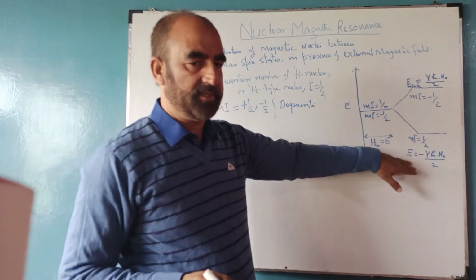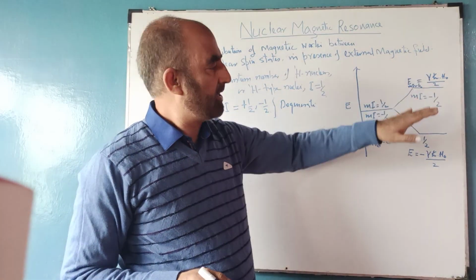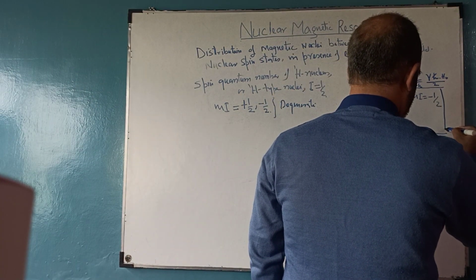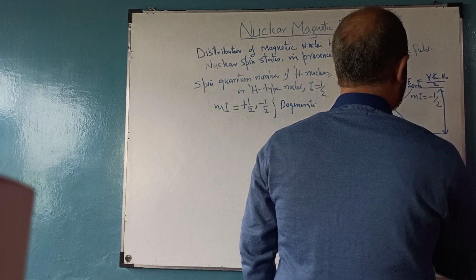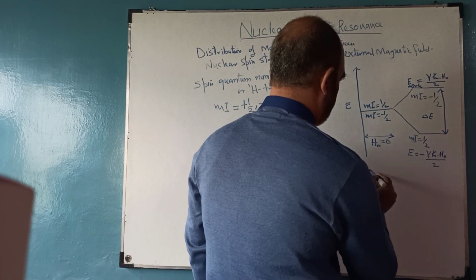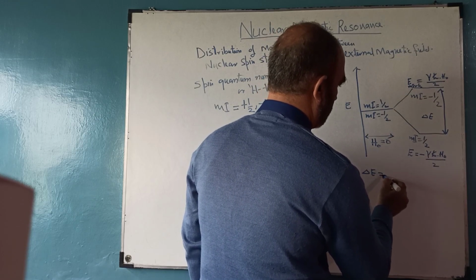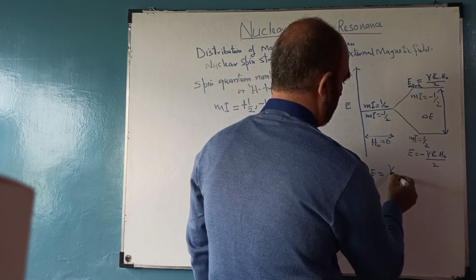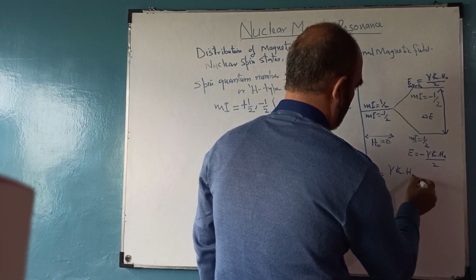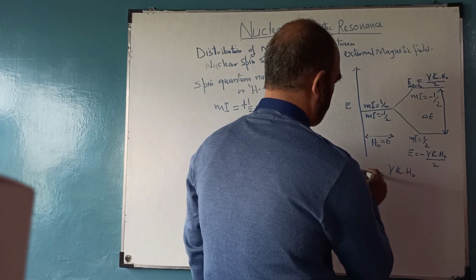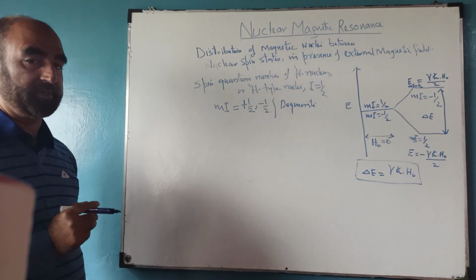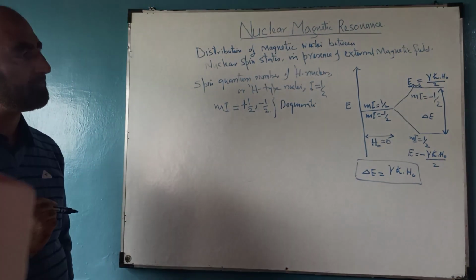So this is the lower energy and this is the higher energy. And the energy difference between the two states, delta E, will be equal to gamma h bar H naught. So this is the difference of energy between the two nuclear spin states.